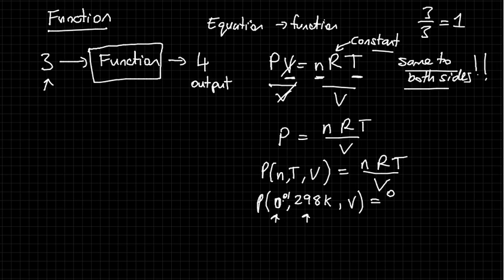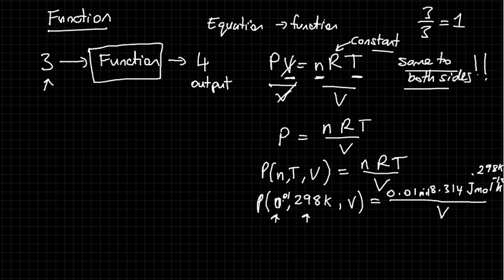So N is going to be 0.01, the gas constant, which is 8.314. We note that I need to put in the units, moles here. The gas constant's joules per mole per Kelvin, and times by T, which is times 298 Kelvin, and divide that by V.